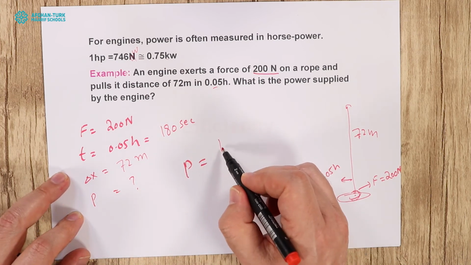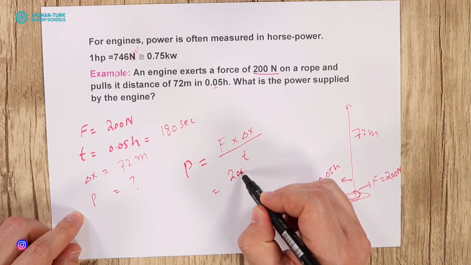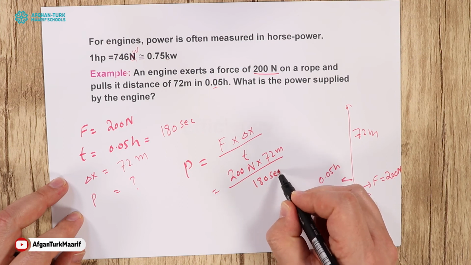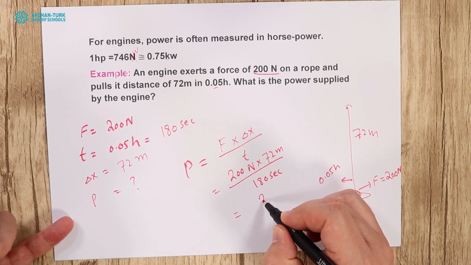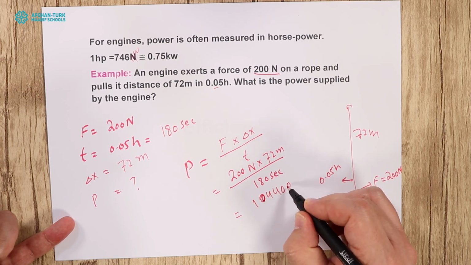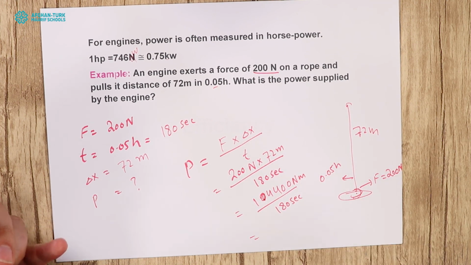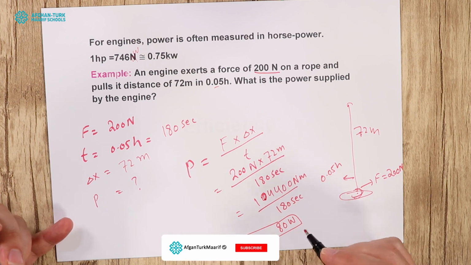We use the formula F multiplied by displacement divided by time: 200 Newton multiplied by 72 meter, divided by 180 second. 200 multiplied by 72 is 14400, divided by 180, which is equal to 80 watt. So the power of the machine is 80 watt.